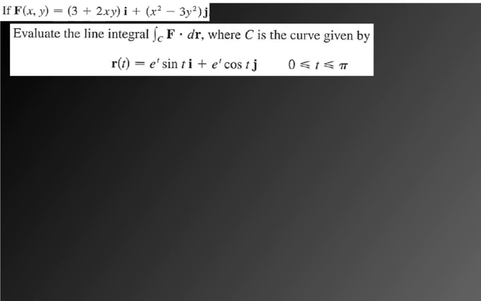So we know that the line integral over a curve of capital F dot dr can really equal the line integral over a curve, and then just swap out capital F for gradient of lowercase f dot dr. And to do that, I'm just going to use the fundamental theorem of line integrals, okay?